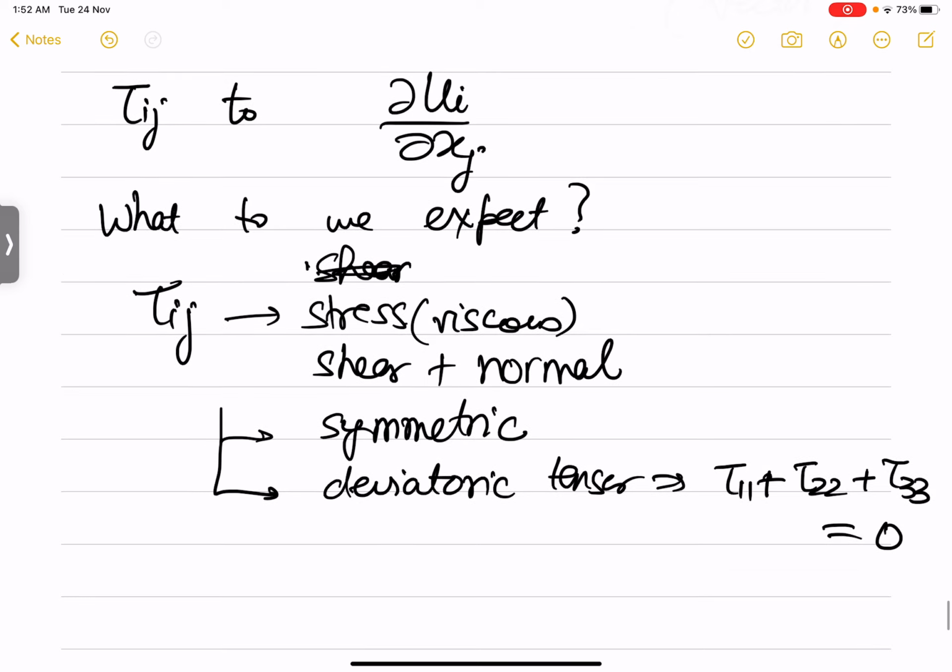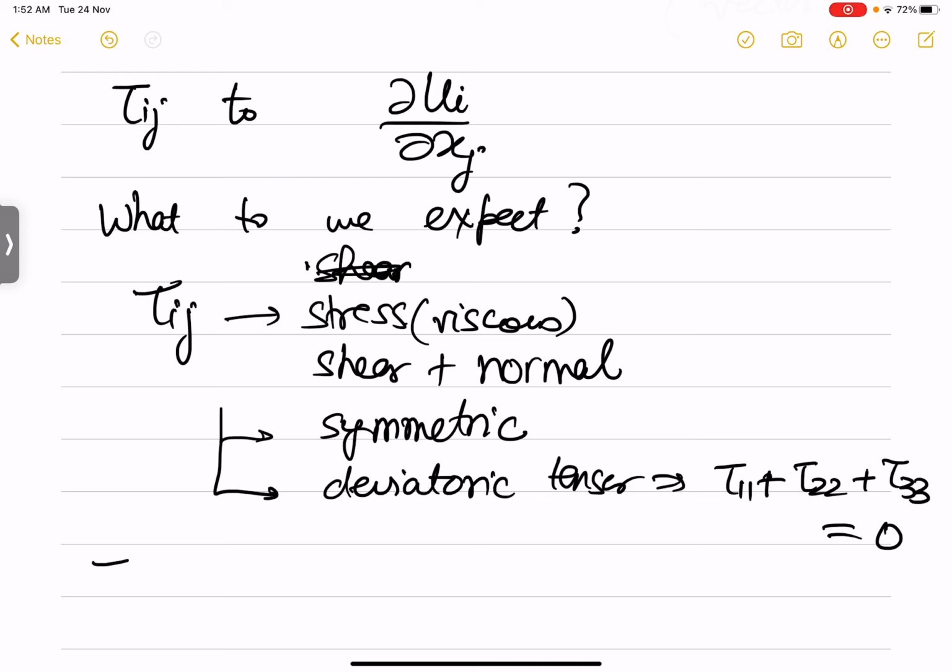In one of the last lectures, I had put T is equal to sigma 11 plus sigma 22 plus sigma 33, and by mistake I put it divided by 3. In that lecture, please remove that 3. But we know that for tau ij, the sum of the diagonal parts is 0.